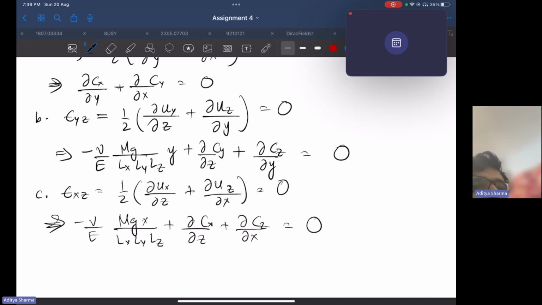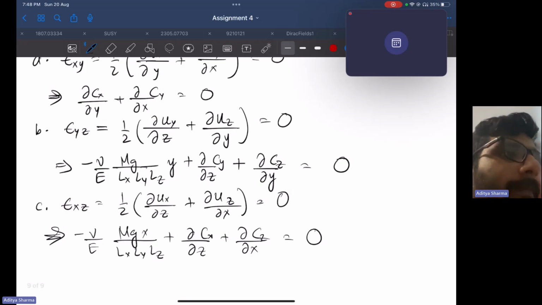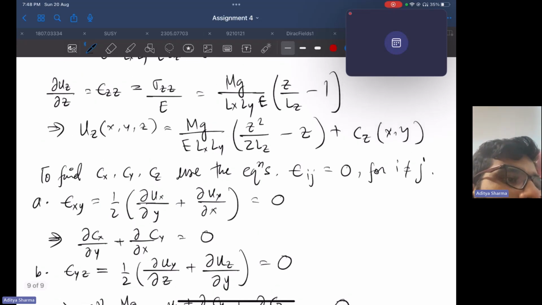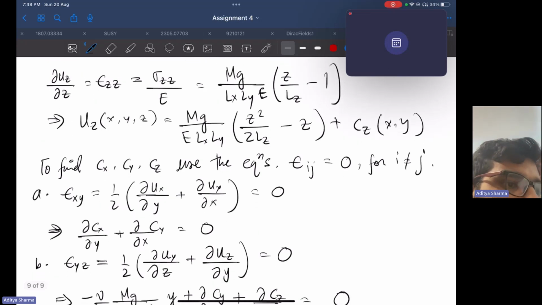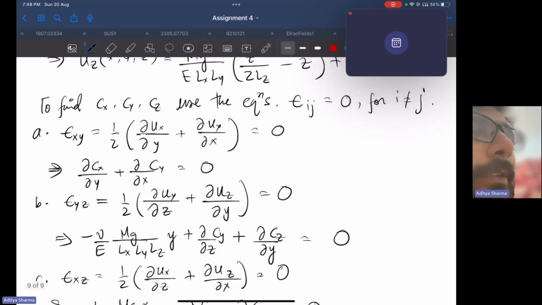So now we have to argue from here, and the way to argue is from the first equation.